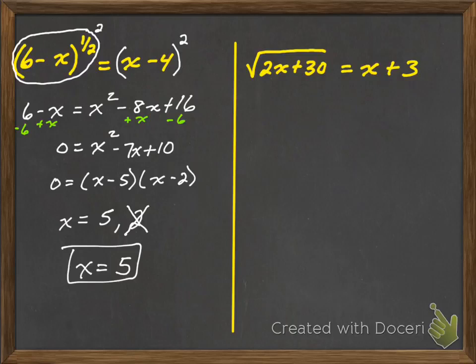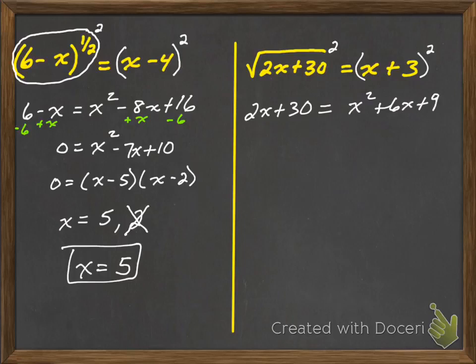All right, so the next one, once again, the radical has been already isolated on the left side of the equation. So your next step is to square both sides of our equation. That will give us 2x plus 30 equals x squared plus 6x plus 9. Once again, it is quadratic because it's x squared, which means we need to set our equation equal to 0.